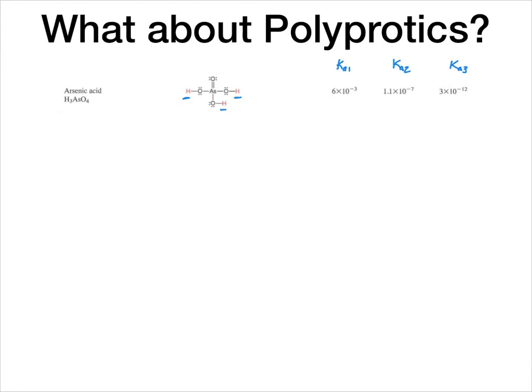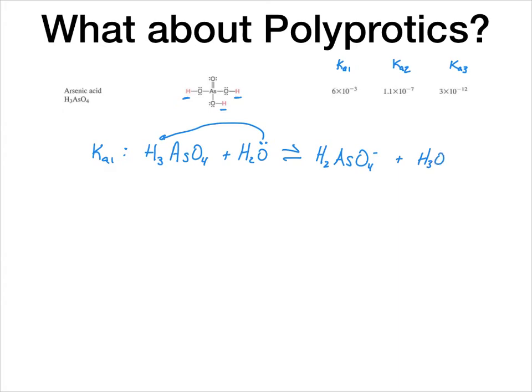And just like for the monoprotic species that I showed you a minute ago, each of these Ks correspond to a very specific reaction. So Ka1 corresponds to arsenic acid, H3AsO4, reacting with water as an acid. So the water is the base and the water takes a proton. Now this is Ka1, and so the water is only going to take 1 proton. So I get H2AsO4- plus H3O+.